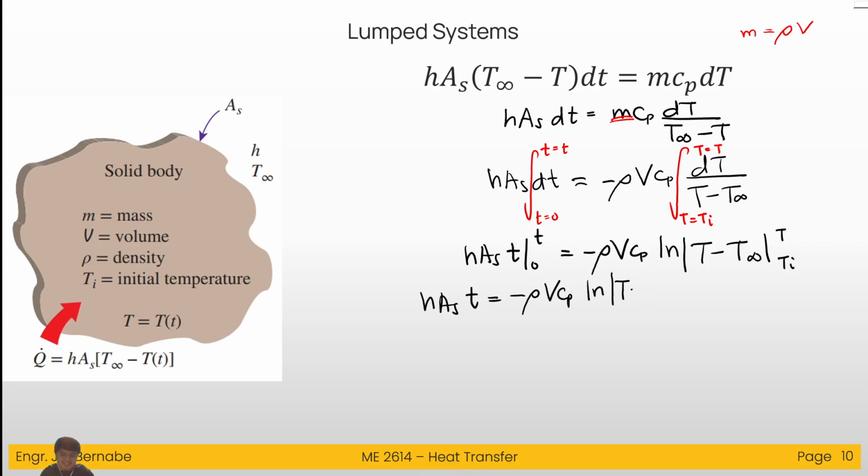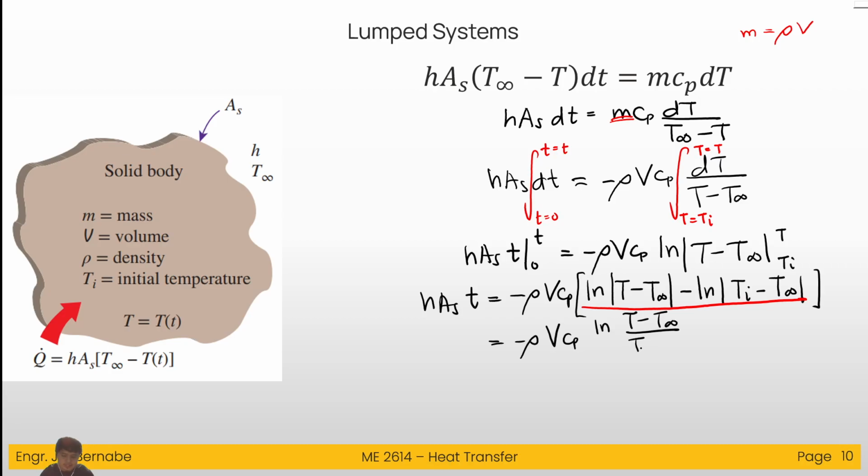We will simplify this later. So we substitute the T_i, and the T, and then T_infinity. As you can see, we can simplify this. So you can say that this is negative rho V C_p, and then you have ln of (T minus T_infinity) all over (T_i minus T_infinity).